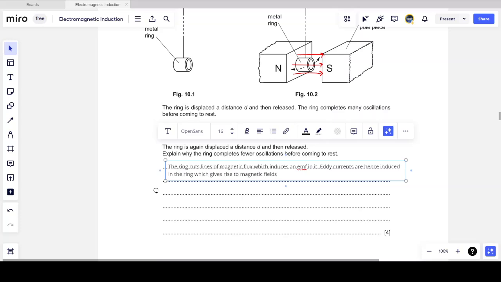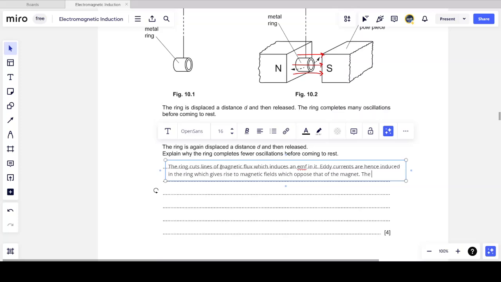These magnetic fields that are now induced in the ring, because of the currents induced in the ring, will oppose the magnetic field of the magnet. So whatever the magnet is doing, the ring will do the opposite to conserve Lenz's law. So Lenz's law still holds.